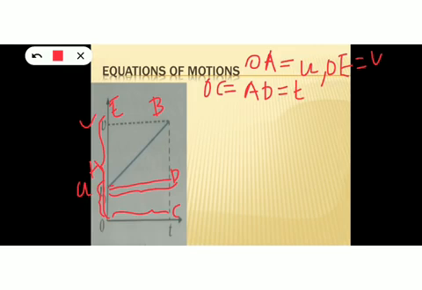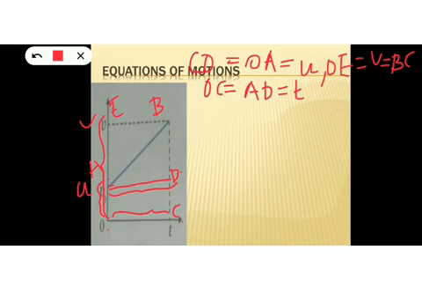At the same time, OA is equal to CD, right? So OA equal to CD equal to U. At the same time, OE is equal to BC, so OE equal to BC equal to V.